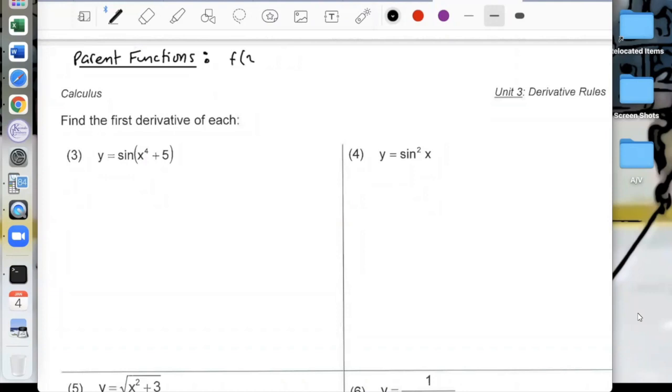The simplest form would be f of x equals x. Now, the simplest form would be a constant function. But if we're assuming it's a non-constant function, something that's got some oomph to it, then it would be y equals x. All right. You'd have some sort of power function. Maybe you'd have a basic quadratic. All right. Maybe you'd have a cubic.